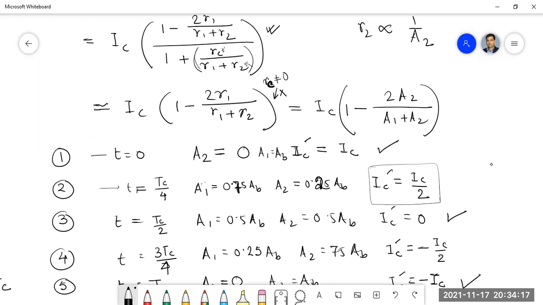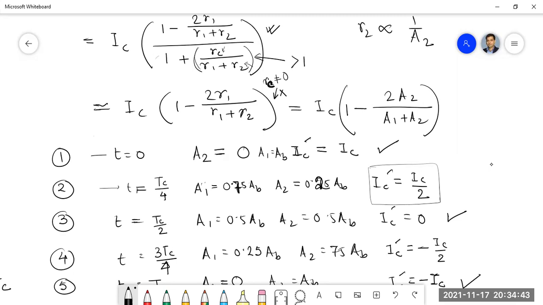It will be less if you consider RC. Why? Because the denominator will be greater than 1. Correct, so it will naturally become less. I don't know the exact value of RC, whatever the value, 1.001, 1.01, it is more than 1. Whatever the value of RC, it will be more than 1.